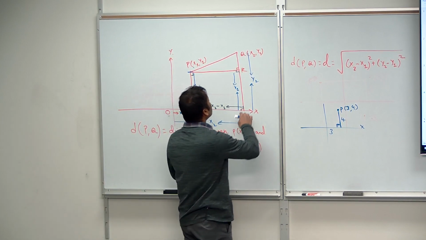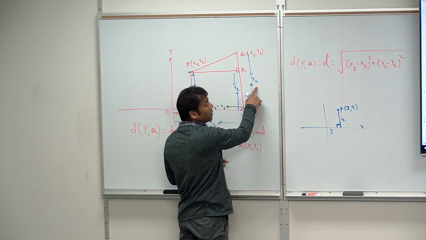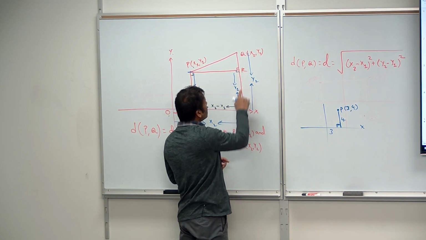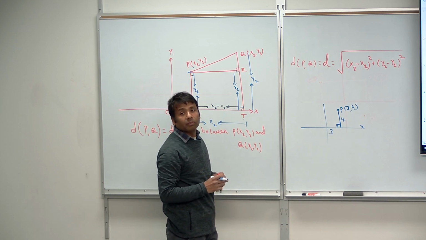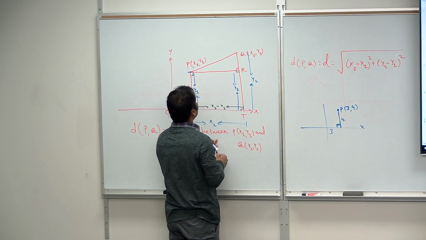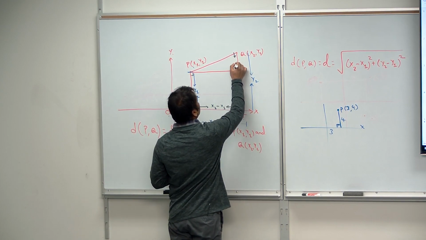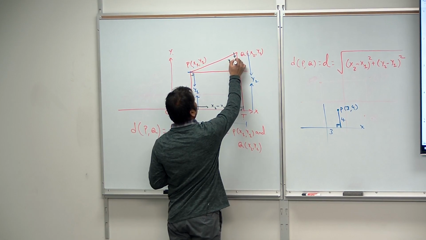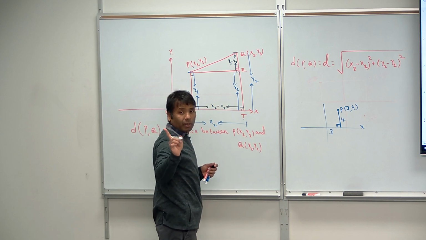Now look here, QT is y2, RT is y1, so what is QR? Y2 minus y1. Yes, so QR is y2 minus y1. Are you guys with me?